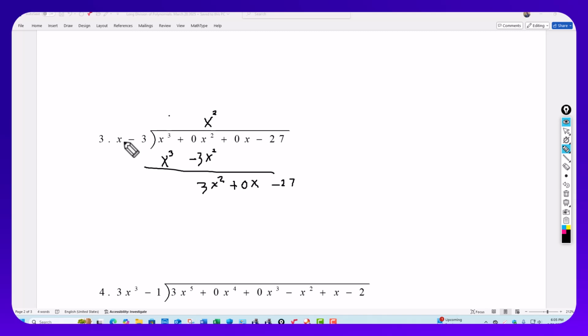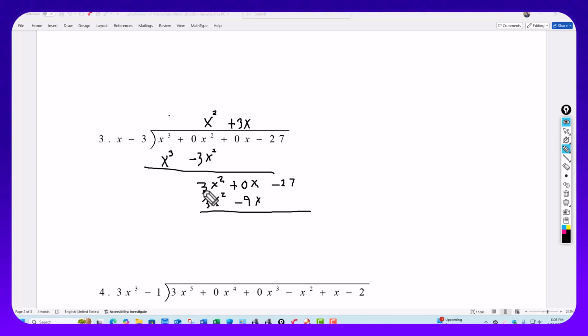And then repeat. x goes into 3x squared, plus 3x. And then we multiply. 3x times x, 3x squared. 3x times a minus 3 is a minus 9x.